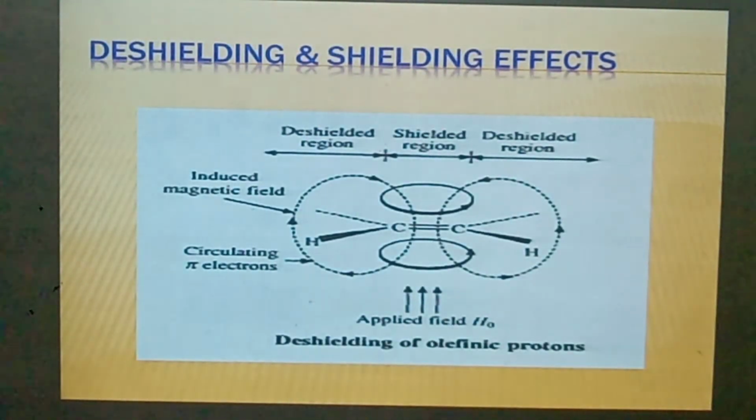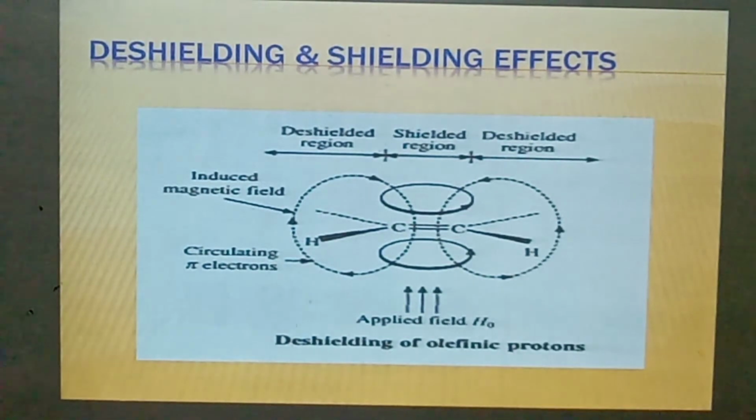And here is another concept which is more important in elucidating the structure by NMR. Look at the molecule of an olefin. When we apply this double bond containing organic molecule to the applied magnetic field strength, two regions are generated. One is a shielded region against the applied magnetic field. The other is a deshielded region against the applied magnetic field.